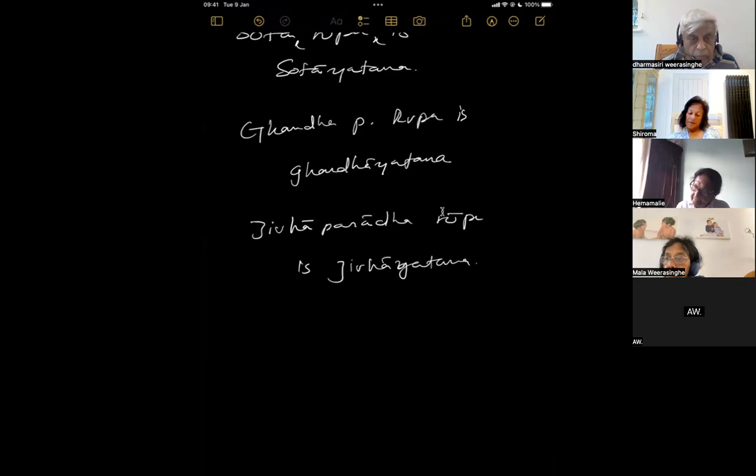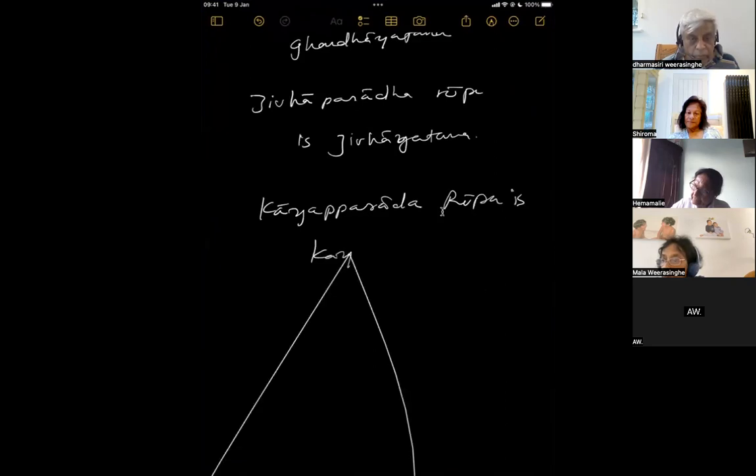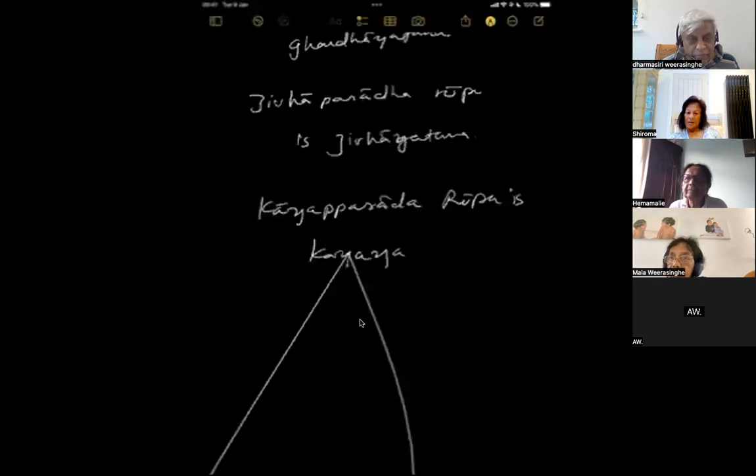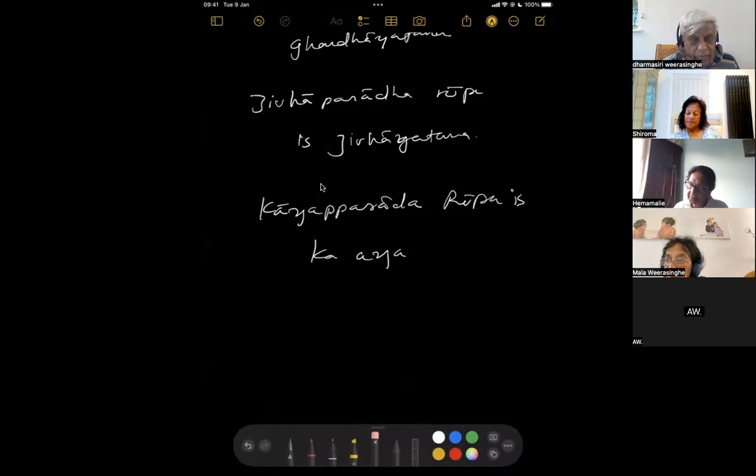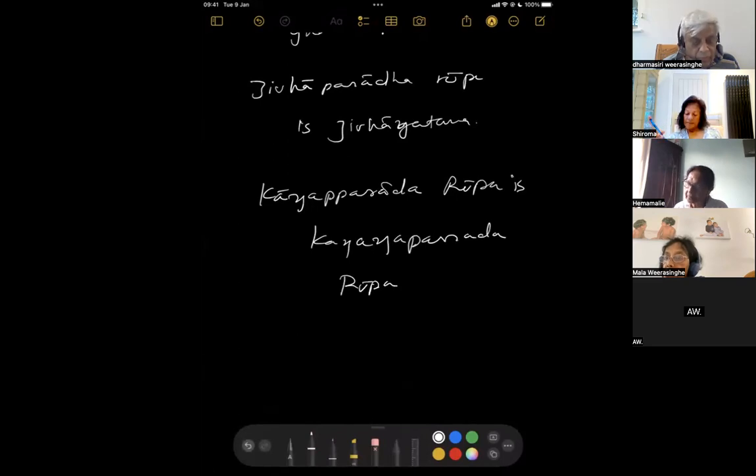Chakku, sota, ghana, jivha prasada rupa is jivhayatana. Kaya prasada rupa is kayayatana. Oh no, pottabbayatana, sorry.